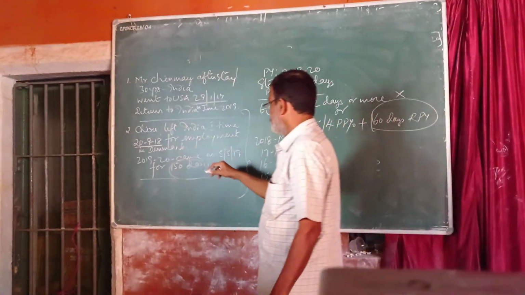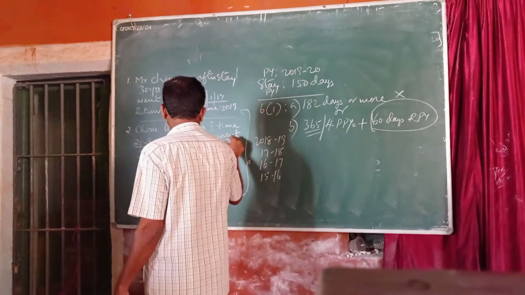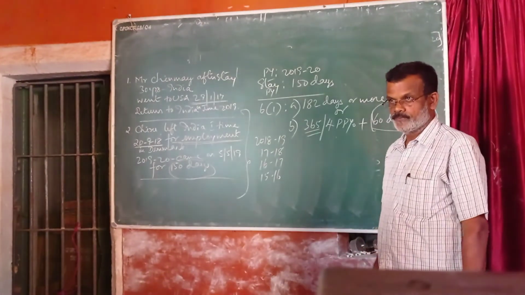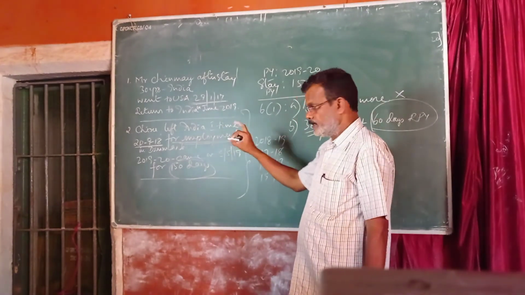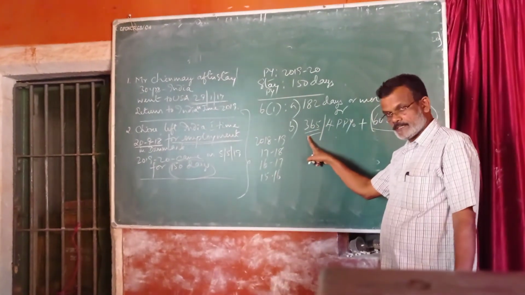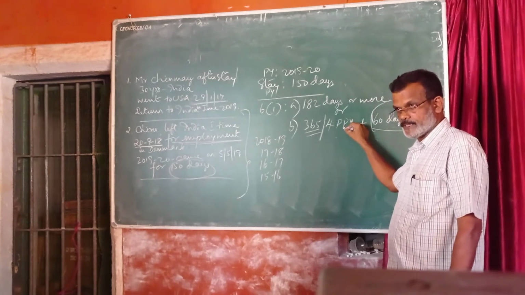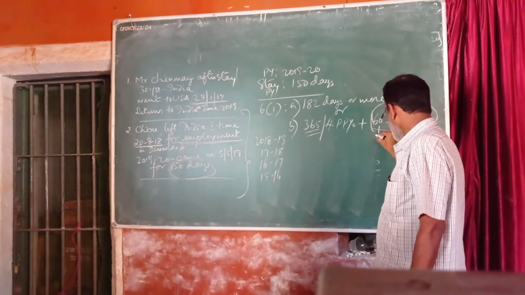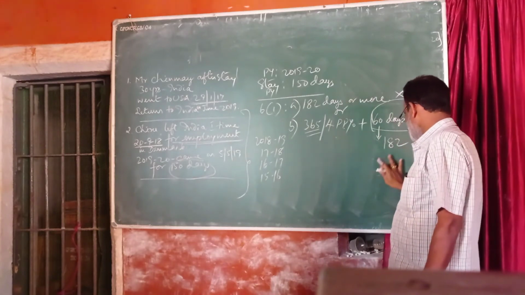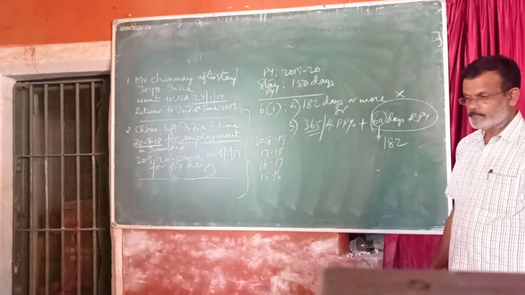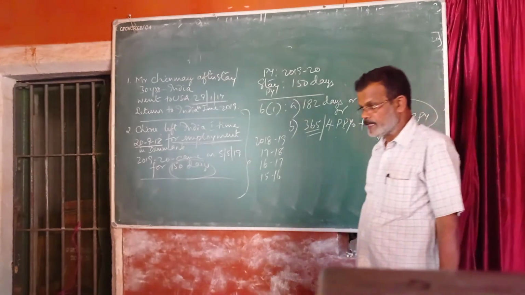If an individual leaves for employment purpose abroad, then B condition says that 365 days in 4 preceding previous years and 182 days instead of 60 days.